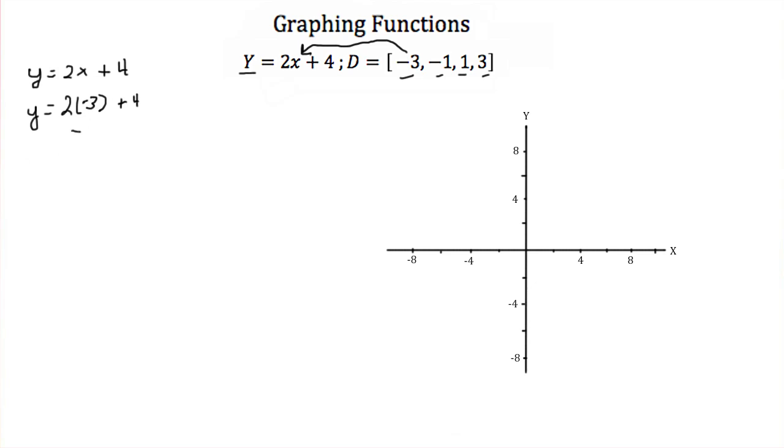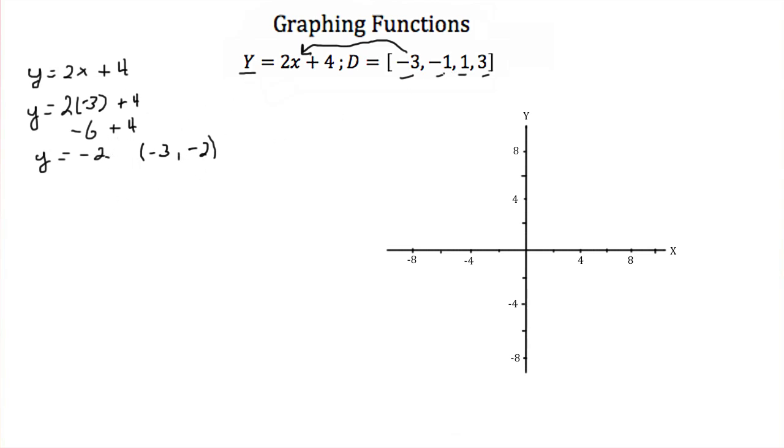So this is -6 plus 4, so our y is equal to -2. So the first point that we're going to plot is -3, -2. Remember, -3 is our domain or our x value, and -2 is our y or our range value, because that's what we solve for when we plug -3 in.